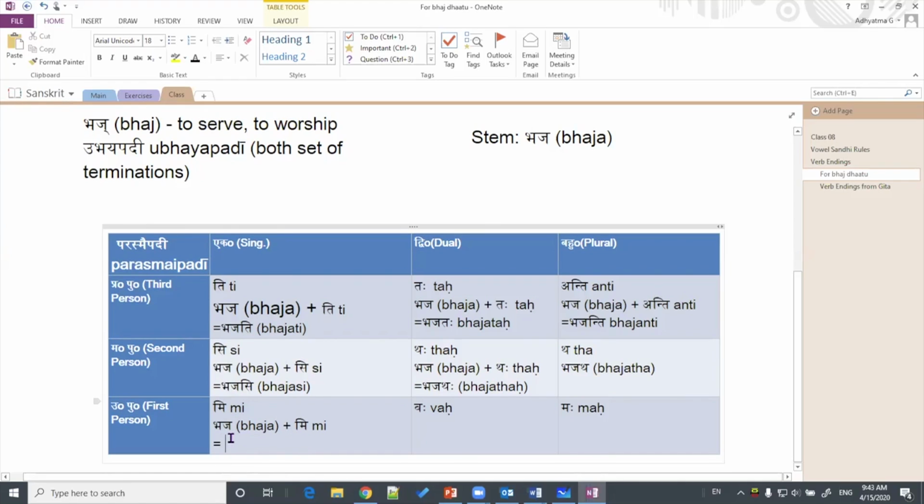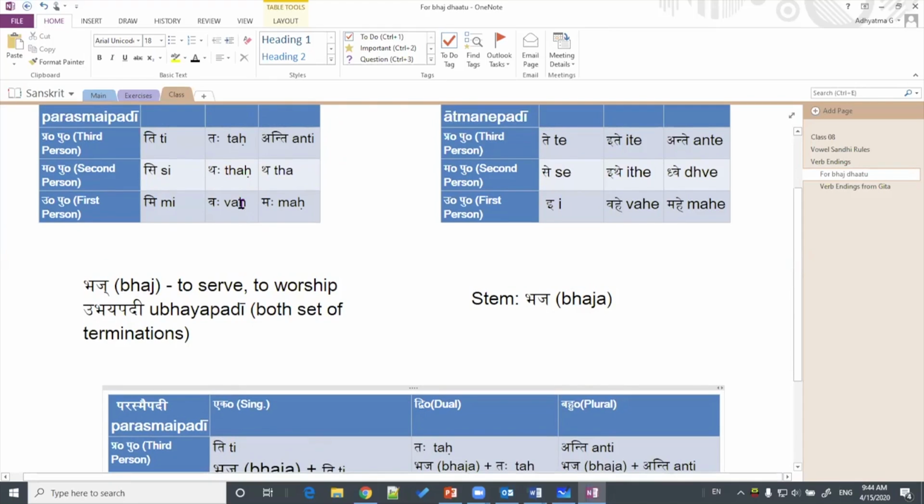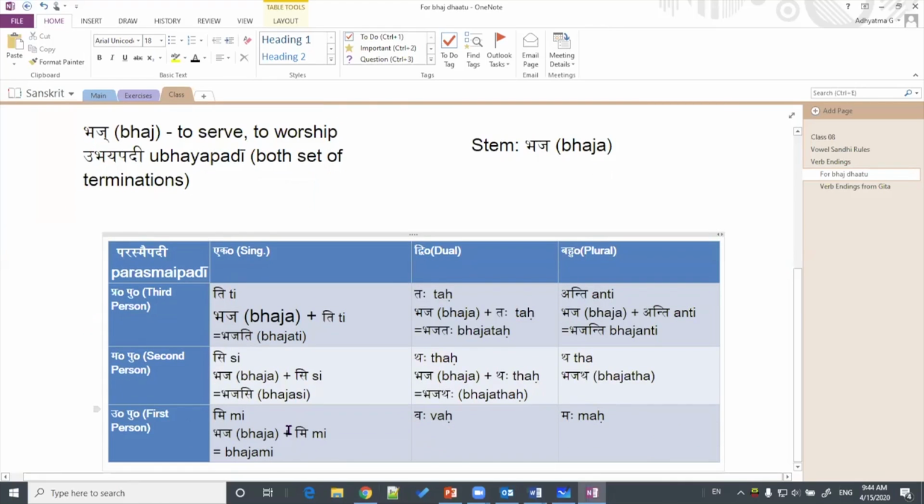But we know from our study that it's actually not bhajami, it's actually bhajami with an elongated a. So we know that. How does it become like that?